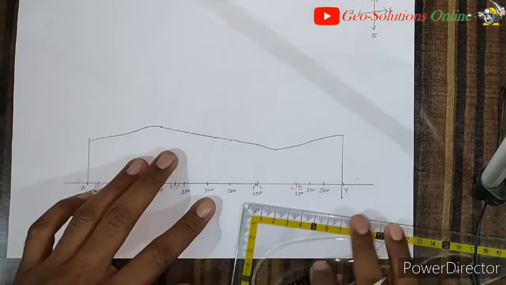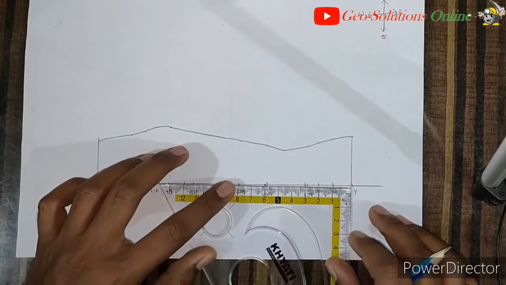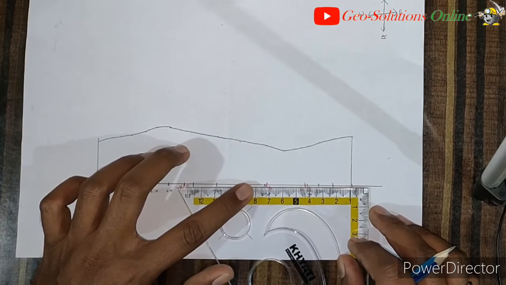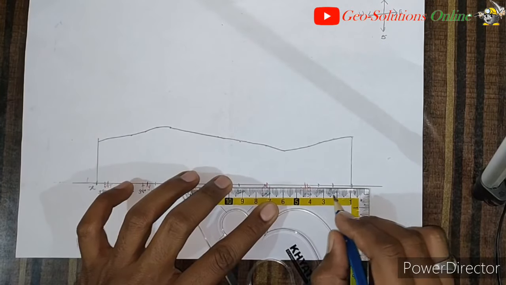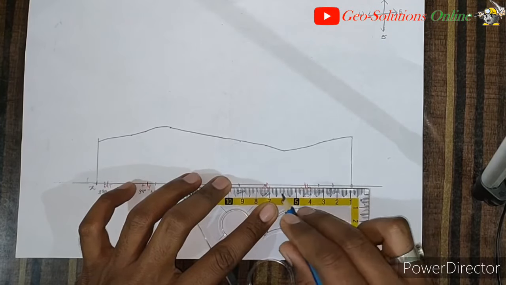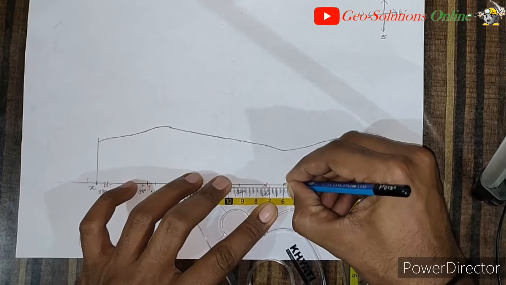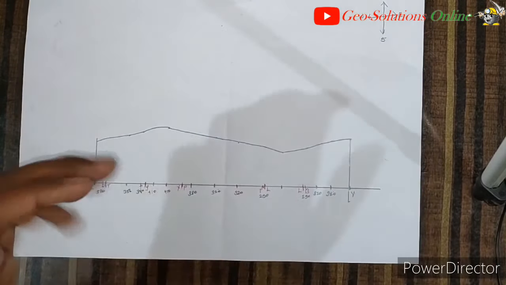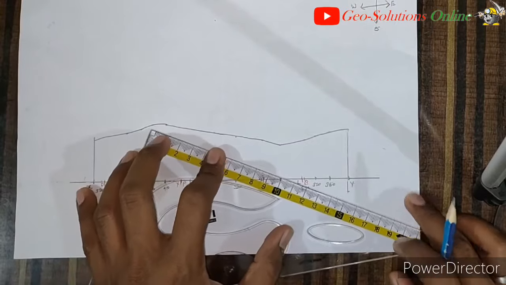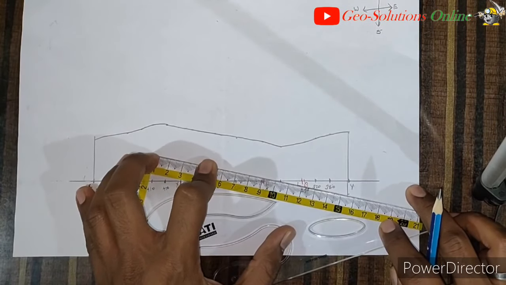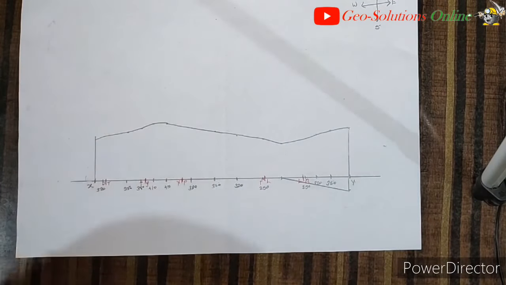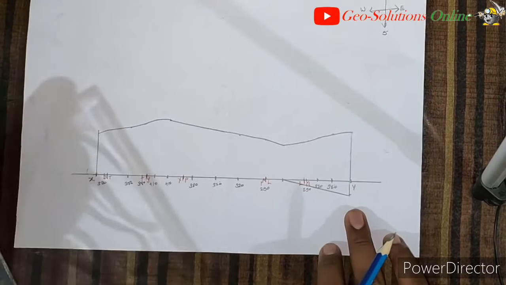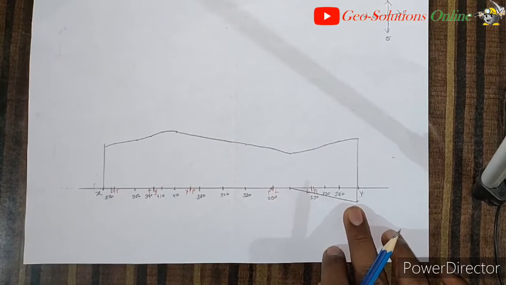Then we will plot 5 centimeter from east. 1 2 3 4 5. Okay, so join these 2 points. So in this way we had marked our reference of dip angle.